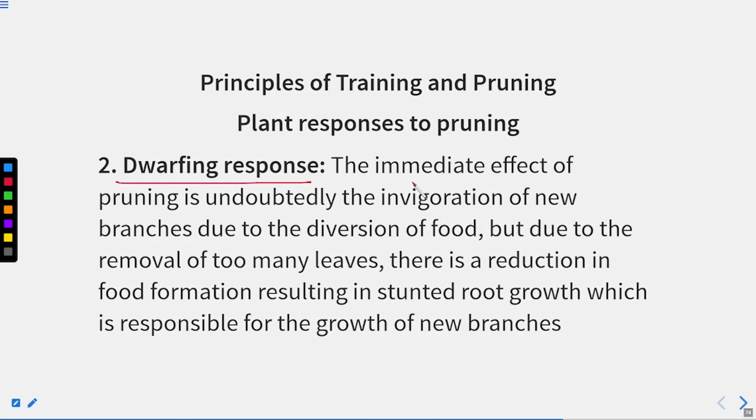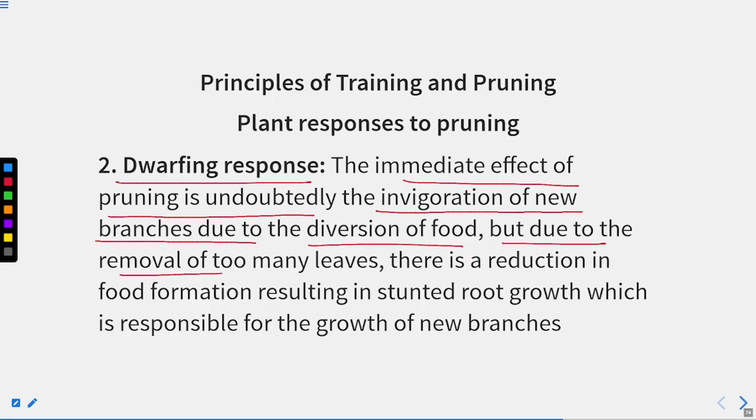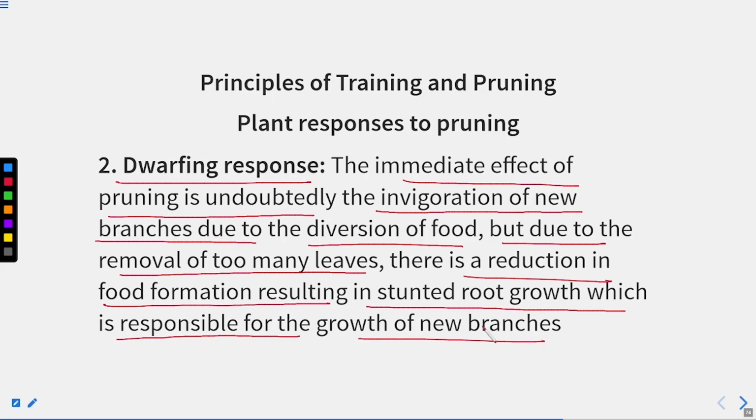Dwarfing response. The immediate effect of the pruning is undoubtedly the invigoration of new branches due to the diversion of the food. But due to the removal of too many leaves, there is a reduction in the food formation, resulting in stunted root growth, which is responsible for the growth of the new branches.